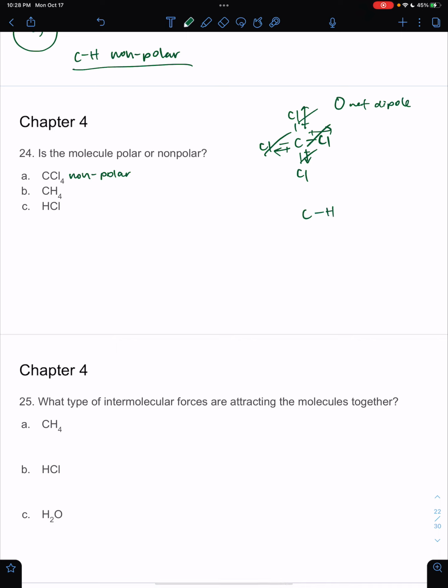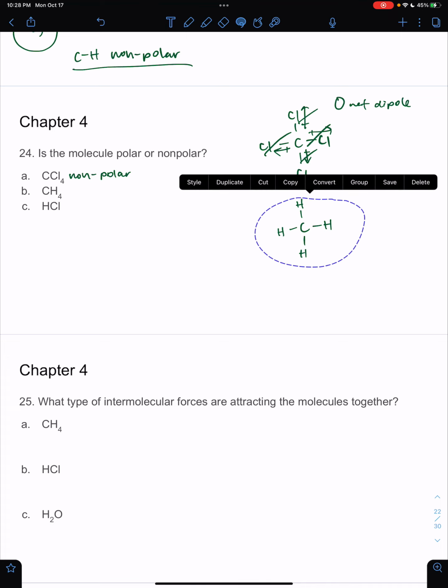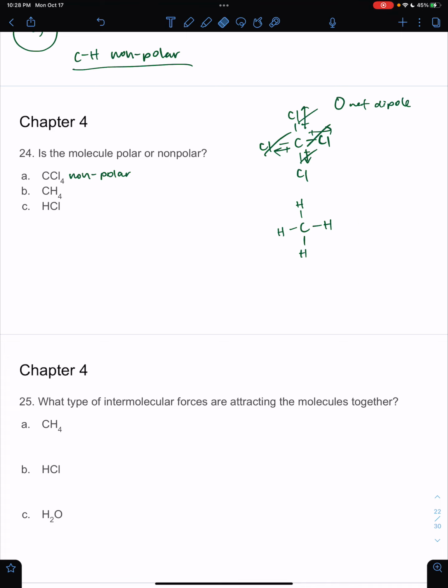And then CH4. This one, you don't even have to worry about dipoles canceling out because there are no dipoles, right? There are very small dipoles, actually, like this, but based on the chart that we were given, the dipole is not enough to be considered.